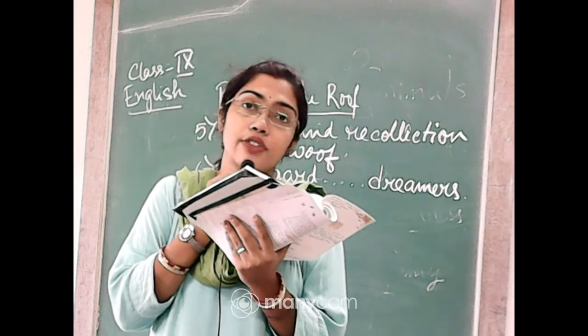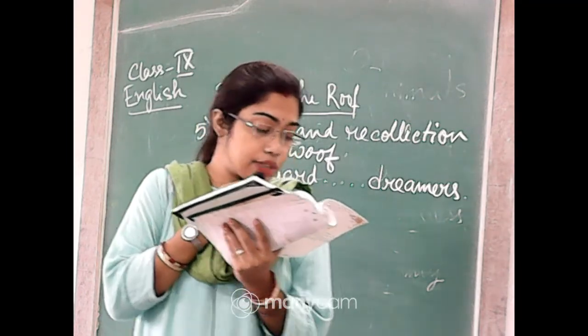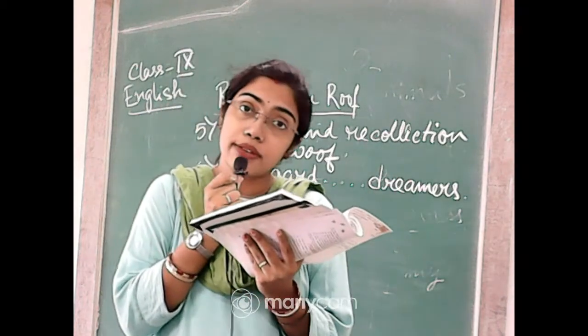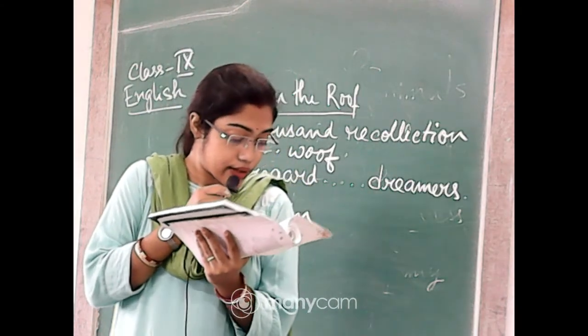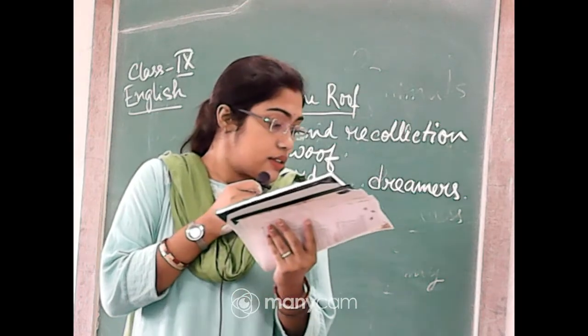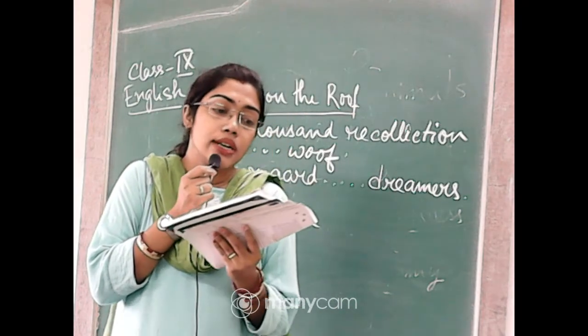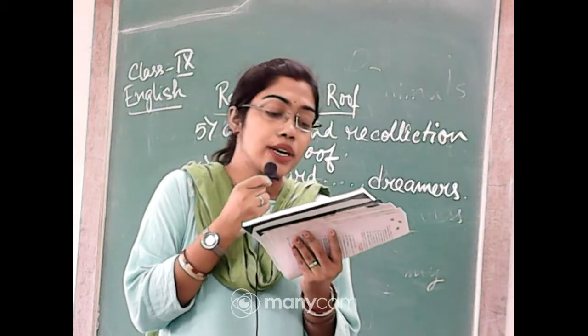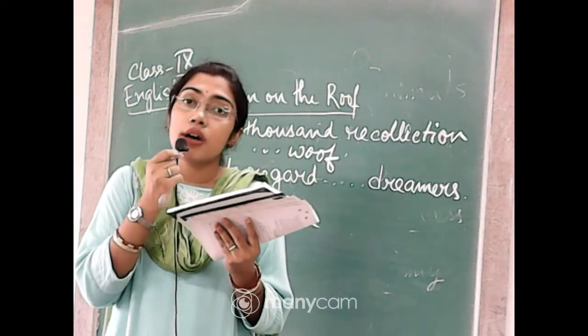Who are the darling dreamers? I have already mentioned, the darling dreamers are the children who were very dear to the mother. Okay, and what does the rain mean? I'm just giving you one extra question. What does the rain give the poet?